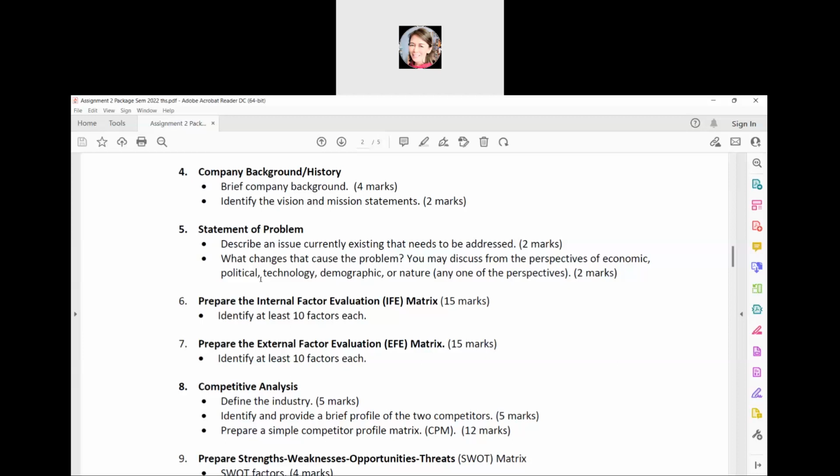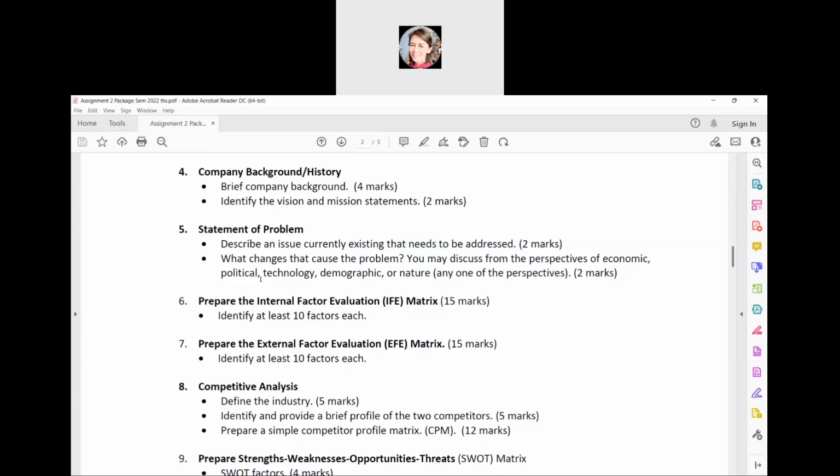This is where it comes in. There could be so many factors. Okay, different groups would see things differently. Some group may see that there's a lot of economic factors. Some group may see less of this, but they see more of political factors.